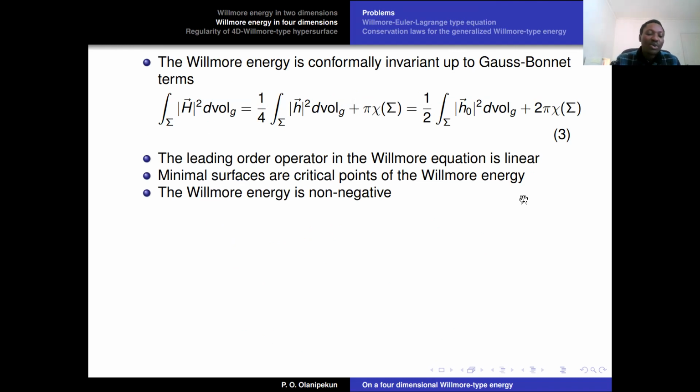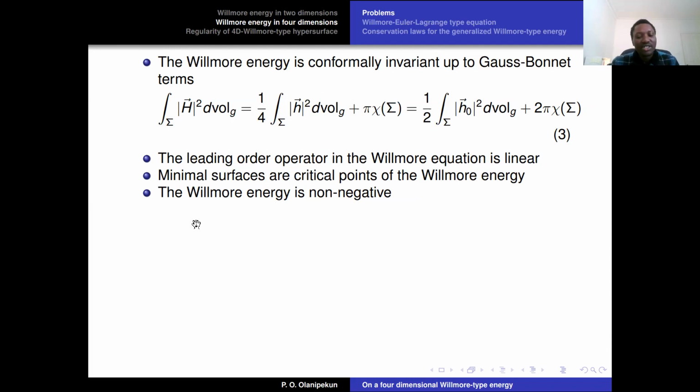So if we are coming up with a 4-dimensional generalization of the Willmore energy, we would like to have these properties satisfied. We want our energy to be conformally invariant. We want the leading order operator of the Willmore equation of our energy to be linear.